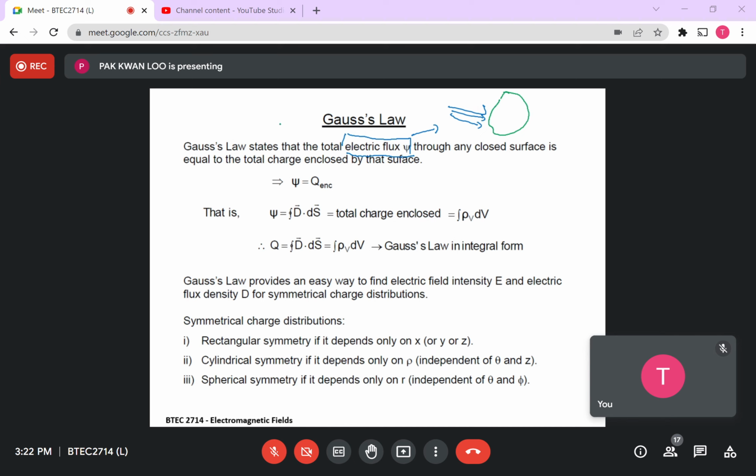Gauss law says that if we apply a closed surface in space, this closed surface can be any arbitrary closed surface. For example, imagine you have a plastic bag, and you store something inside and wrap it around at two ends.